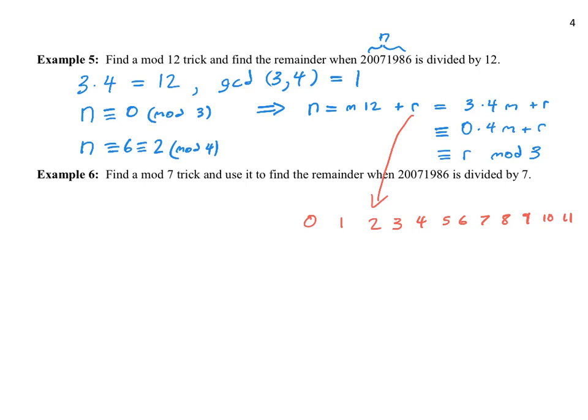We found that n and r, through this chain of equality and congruence, r is the same as n in mod 3. So taking out my green pen, we'll explore another route on what we know about r. r is the same as n in mod 3, and we know that n is 0 in mod 3, so therefore r is also 0 in mod 3.